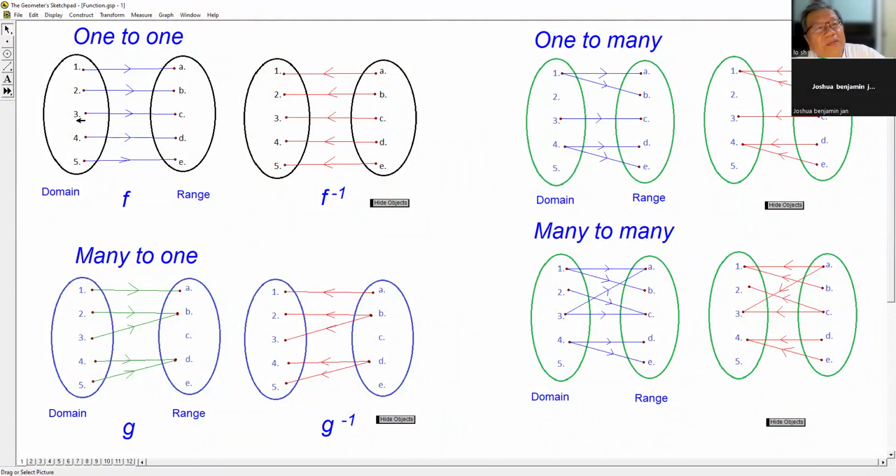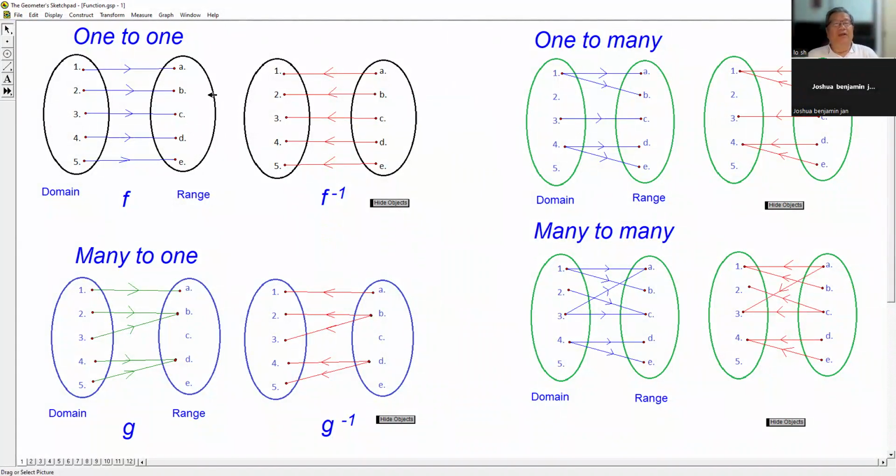The one that brings one number from the left to another number on the right is called the function. Sometimes they call it by the name f, sometimes g, sometimes h. So F, G, or H is the name of the function. The question is the domain. The answer is the range.